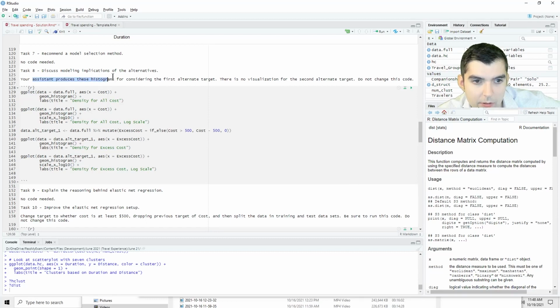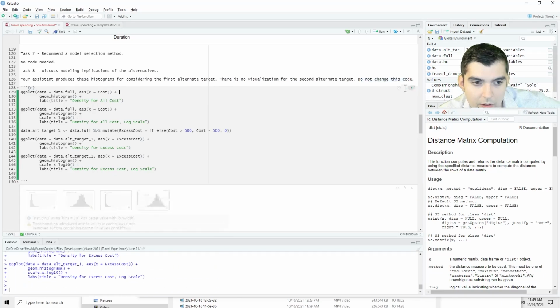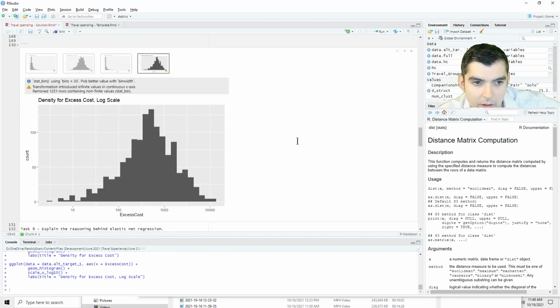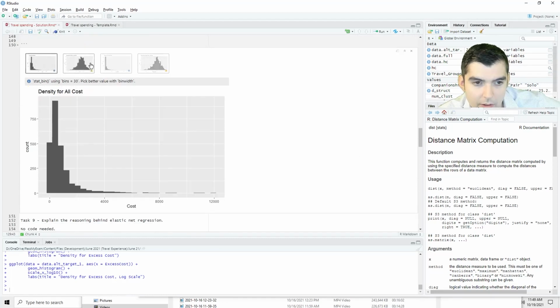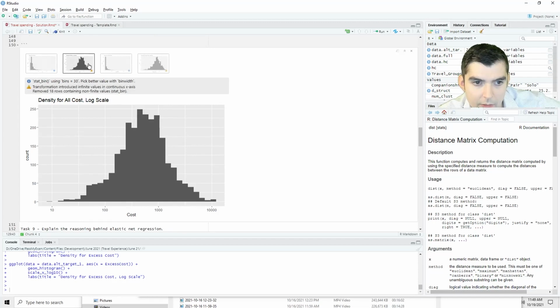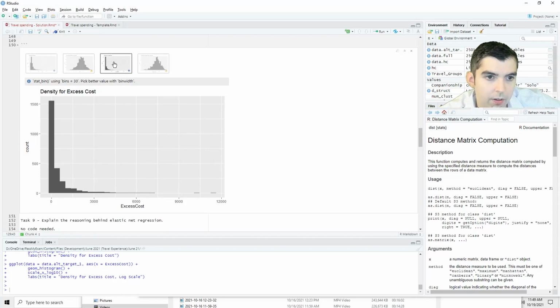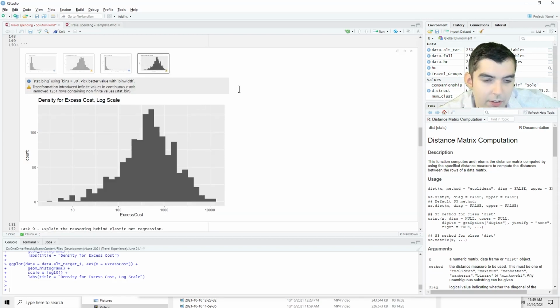Your assistant produces these histograms for considering the first alternate target. There is no visualization for the second alternate target. Do not change this code. Okay, so density for all cost, density for all cost log scale, density for excess cost, density for excess cost log scale.